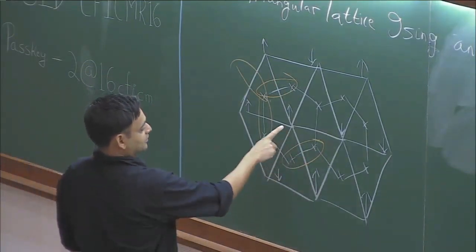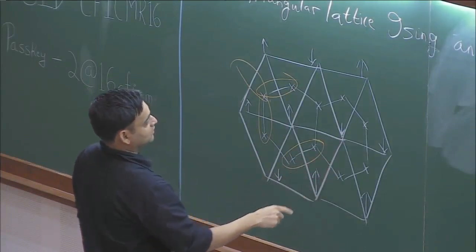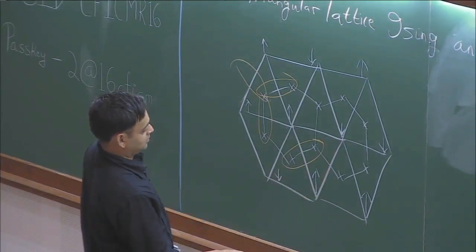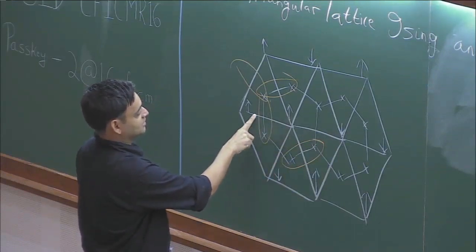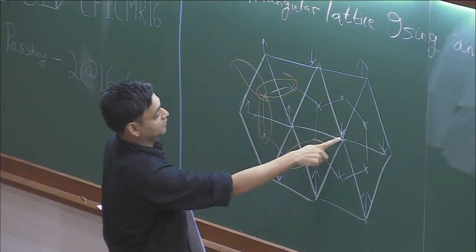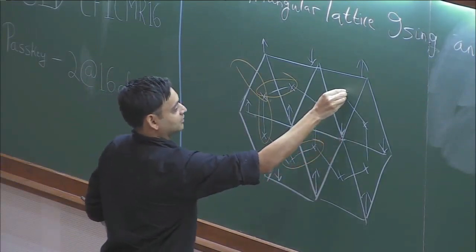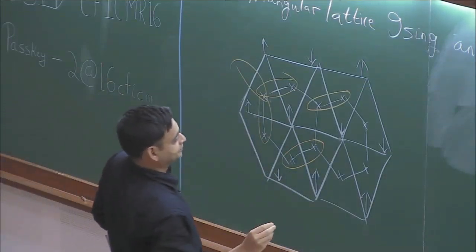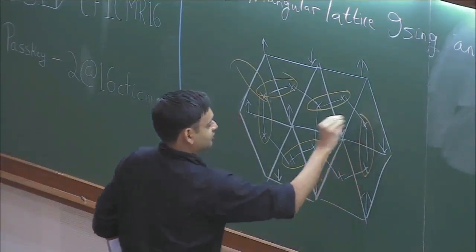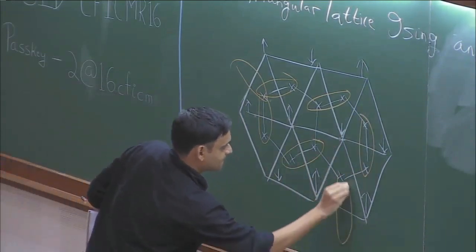So for example, which one? This one? Well, I want it the way it is, I think, because I want to do this, right? And then I want to do this, and this.